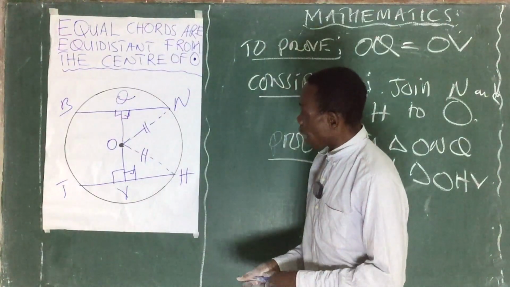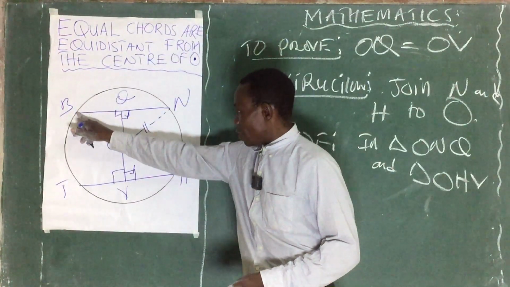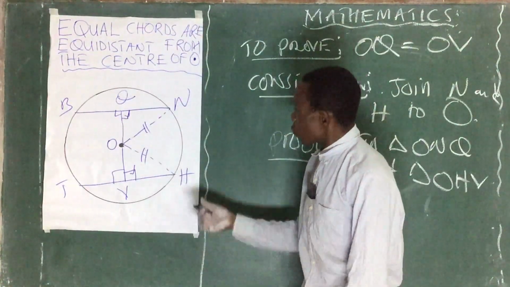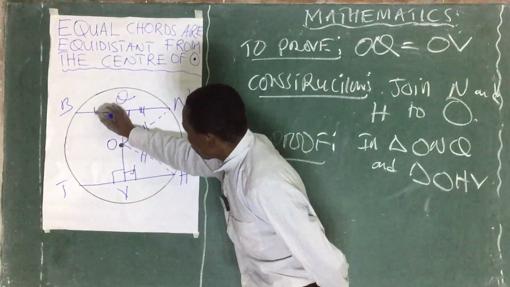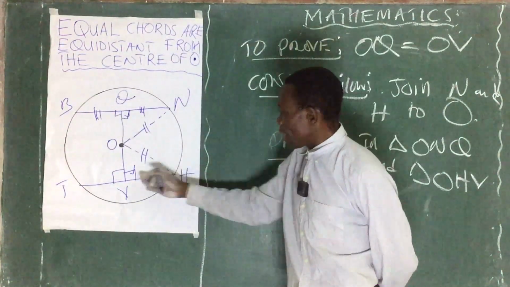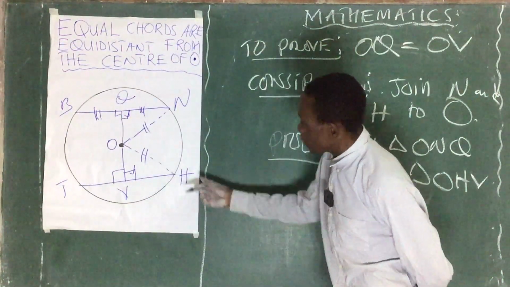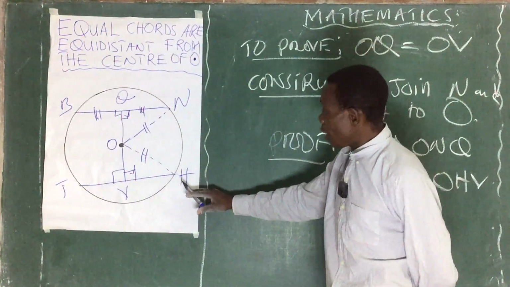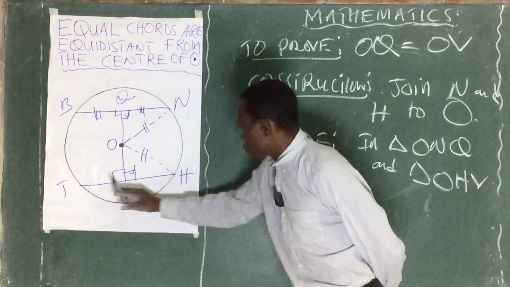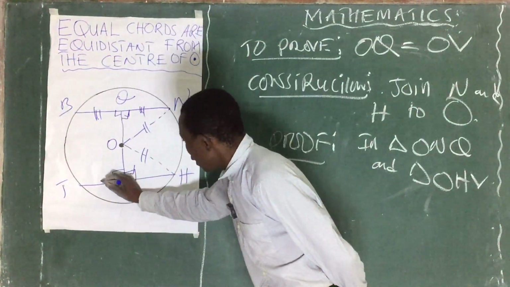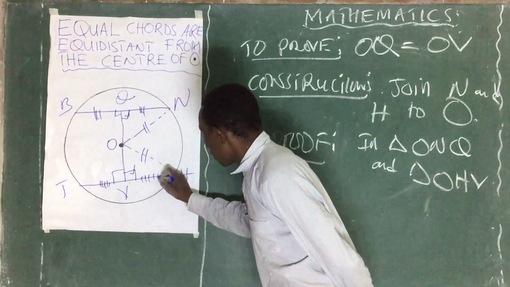NQ. Right. Why? OQ is bisecting BN by the first property. So here I expect this side to be equal to that other side. The same on the other side. I also expect that OV should bisect TH, because OV is perpendicular to TH, is the distance from the center to the chord.